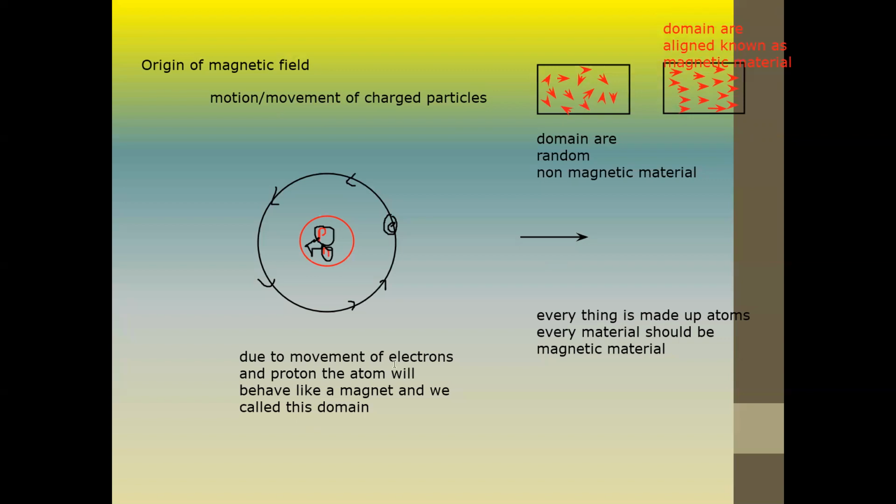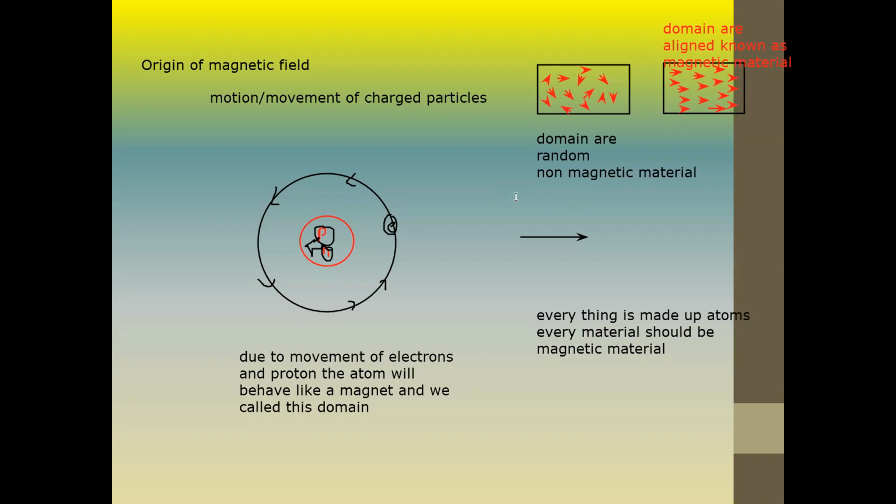Is the basic concept of the magnetic field clear? So the magnetic field is due to the movement of the charged particles. If everything is made up of atoms, everything should be a magnet, but in reality it's not. What is the reason why some materials are magnetic and some are non-magnetic? Because if the atoms of a material are not aligned or arranged, they cancel out the effect of each other.